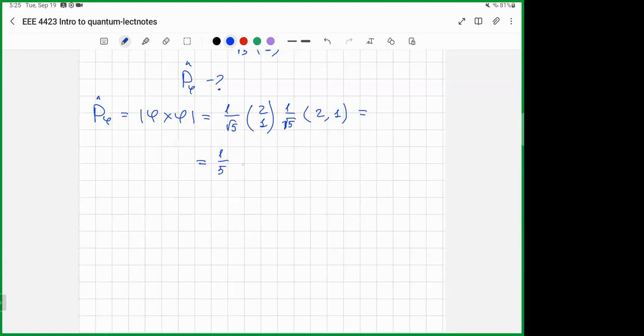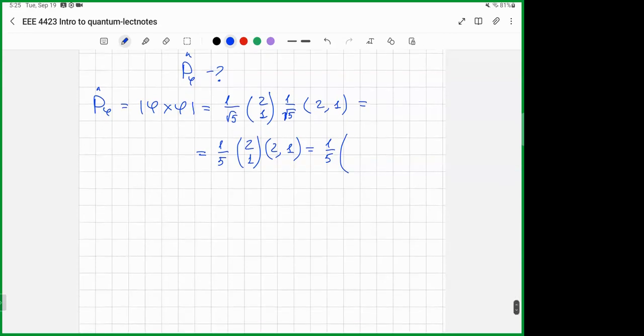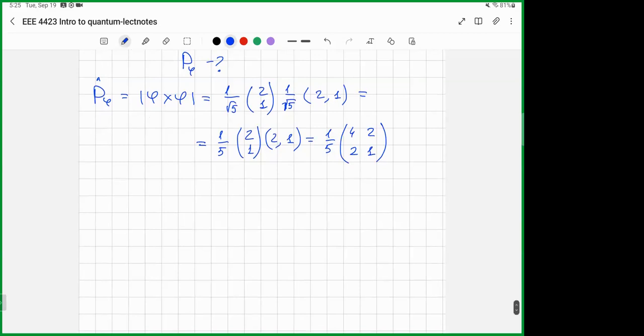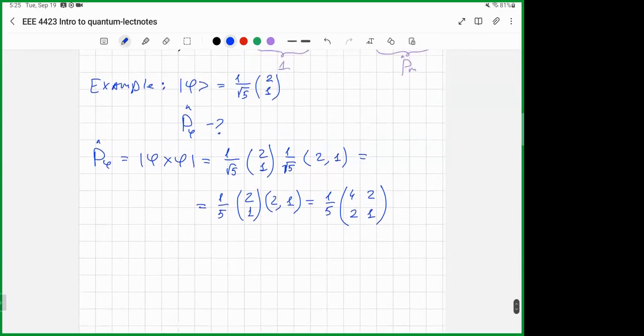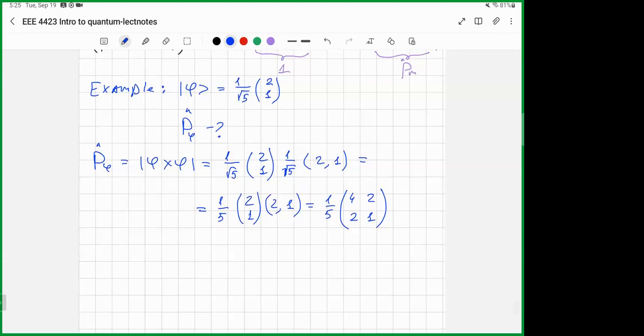And then we have this 2, 1, 2, 1. The result is the 2 by 2 matrix 4, 2, 2, 1. So this matrix is an operator that projects any state on the state phi.